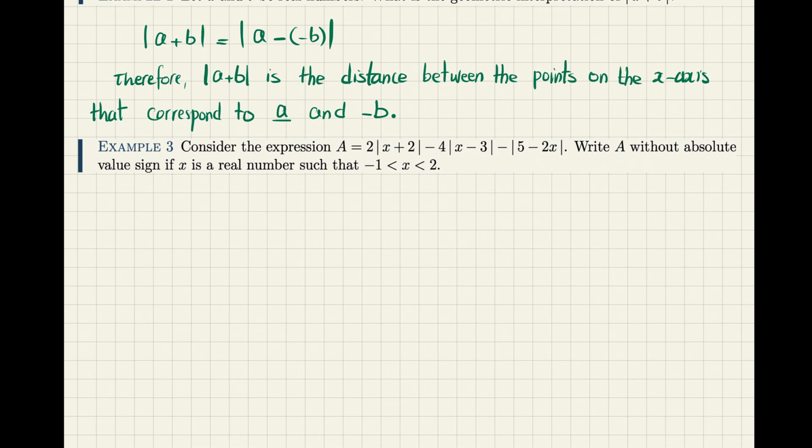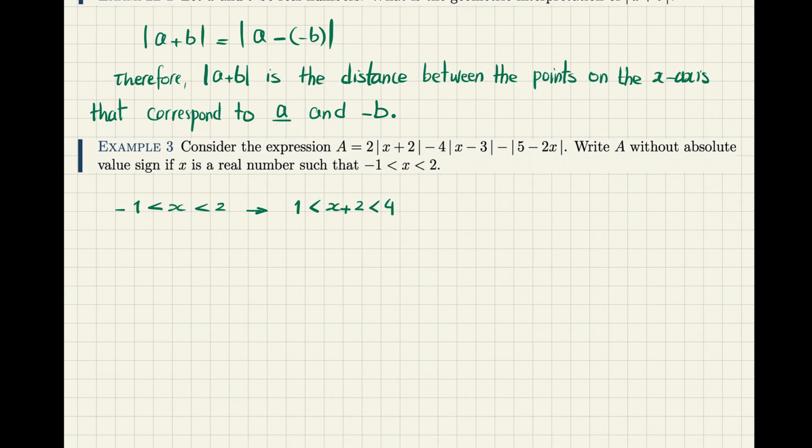So for example, what can I do? You can just convince yourself: if x is a number between -1 and 2, it is clear that if I add 2 units to such an x, then I will definitely get a positive number. If I want to write it rigorously, you are telling me that x is somewhere between minus 1 and 2, so I can add 2 units to everything, so it becomes 2 plus minus 1, which is 1, is less than x plus 2 is less than 4.